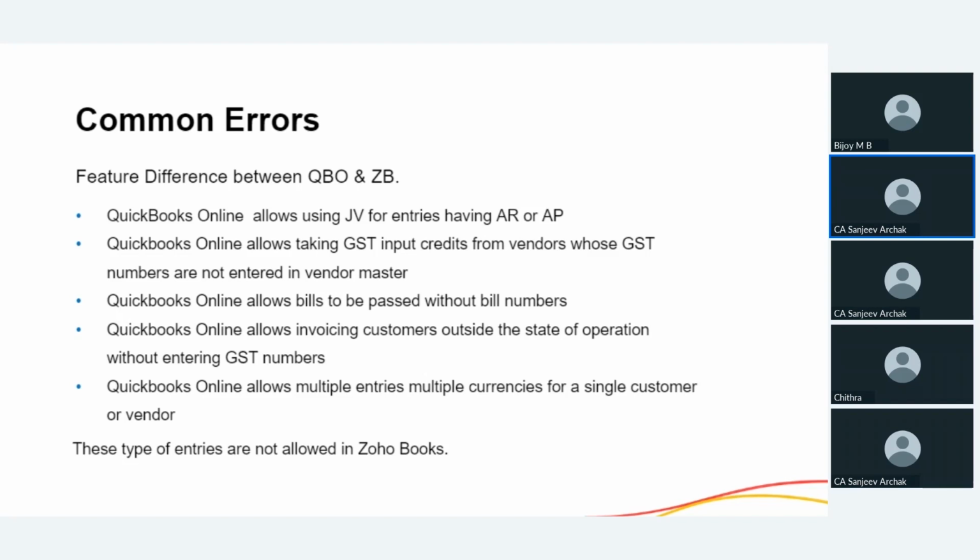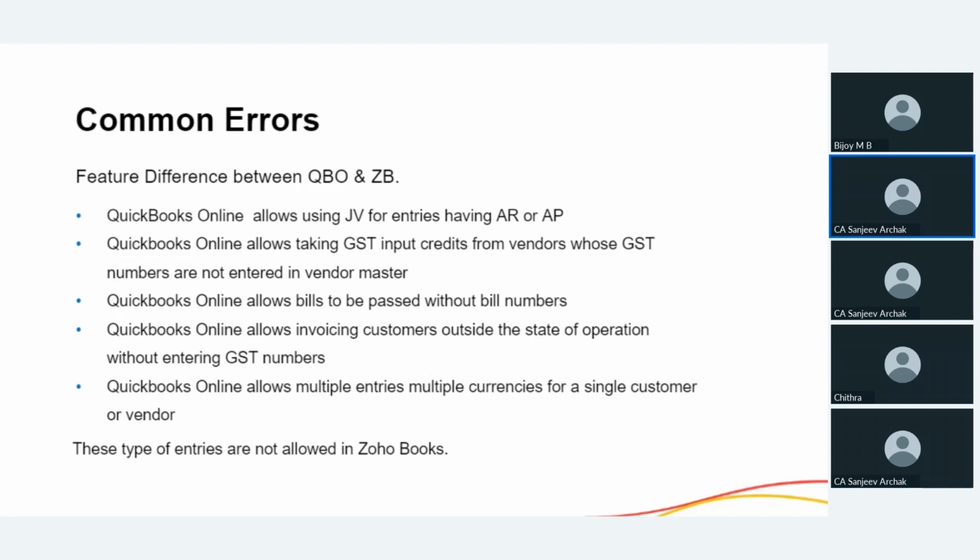You can use JVs for sales, purchases, customer receipts, vendor payments, and even adjusting forex differences. QuickBooks also allows taking GST input credits from vendors whose GST numbers are not mentioned in the vendor master. This is again a unique error that we faced because we don't come across situations like this within Zoho Books.